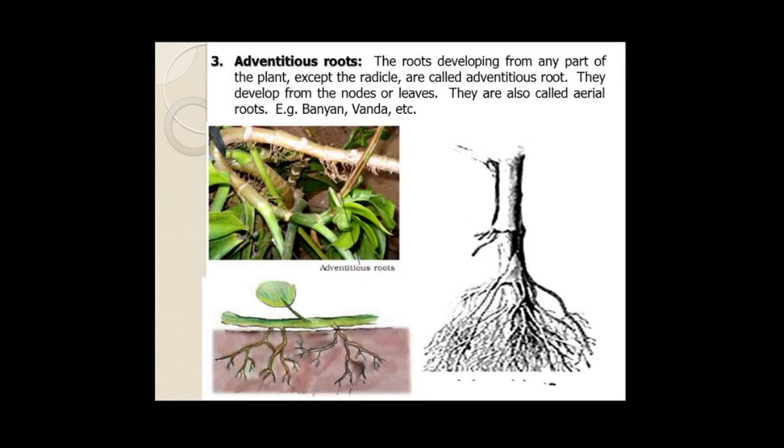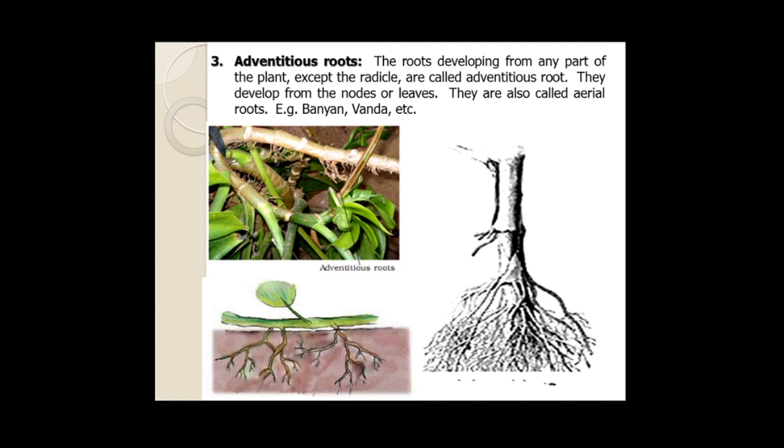And third type of root, that is adventitious roots. The roots developing from any part of the plant except the radicle part are called adventitious root system. They develop from the nodes or leaves. They are also called aerial roots.